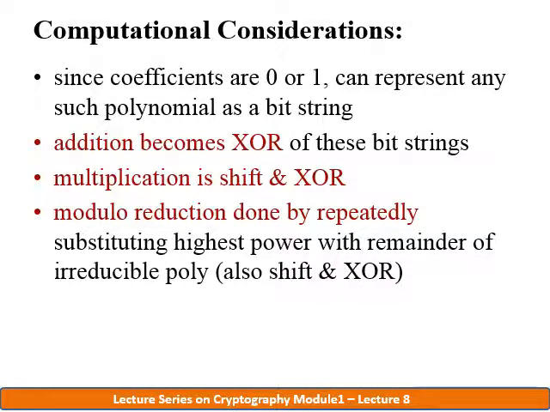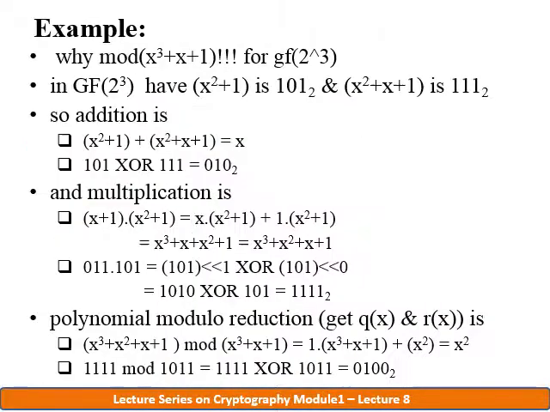Whereas for multiplication, we do the shift and XOR operation, and modulo reduction is done by repeatedly substituting the highest power with the remainder of the irreducible polynomial, or you can make use of shift and XOR. Let us discuss these things with an example in the next slide.